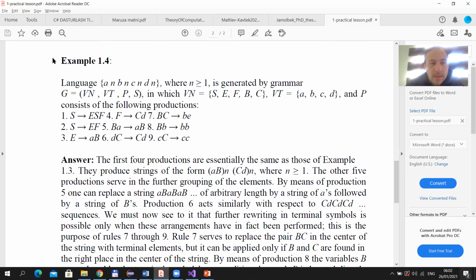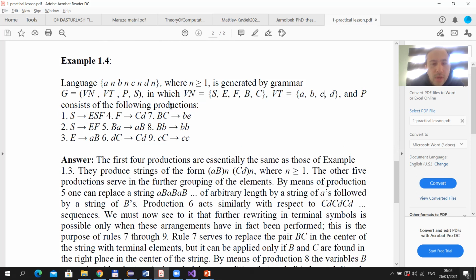Exercise number 4, 1.4. The language A^n B^n C^n D^n, obtained in the previous example, where n is greater or equal to 1, is generated by the grammar in the following example.